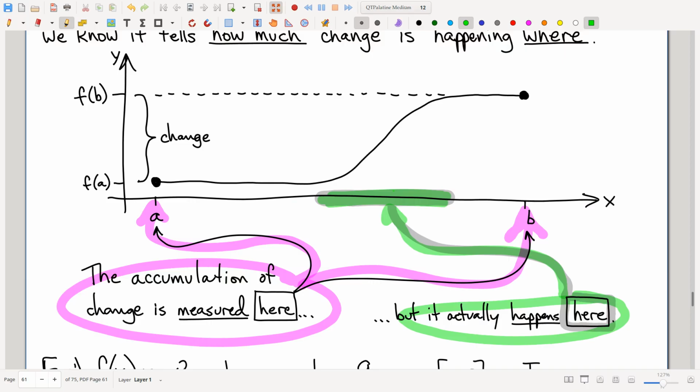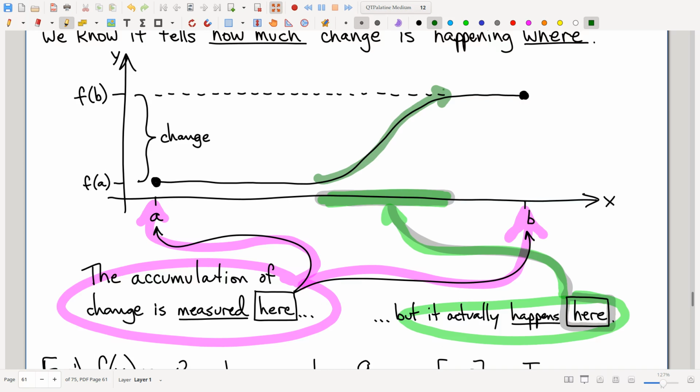In fact, you can literally see the function changing. There's nothing weird about that at all. The total change between A and B, computed at A and at B, computed entirely on the boundary. Well, of course it happens in the interior. That's how stuff changes. It changes as in the interior you move from A to B. Nothing weird at all.